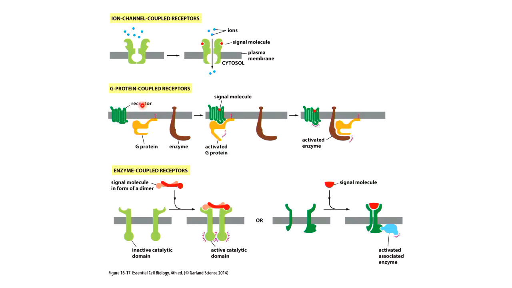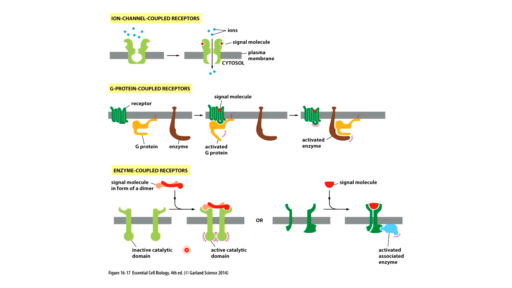Then there are G protein coupled receptors, where a signal binds to a receptor, and that will activate a G protein, which then will activate downstream effects. The heterotrimeric G protein, where you have G alpha, beta, and gamma all bundled together, is an example of a G protein. And then there are also enzyme coupled receptors, where you have two separate inactive domains that, once they receive a signal, will come together and normally dimerize.